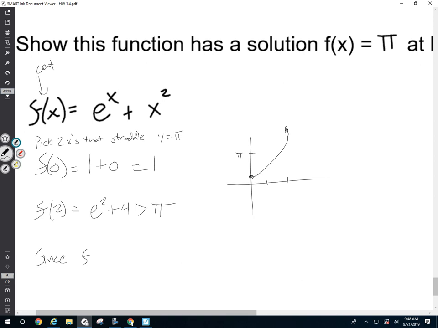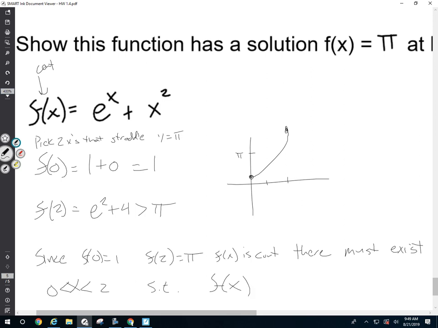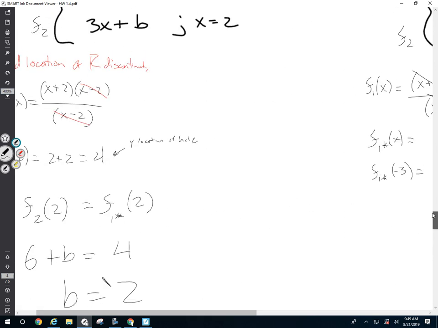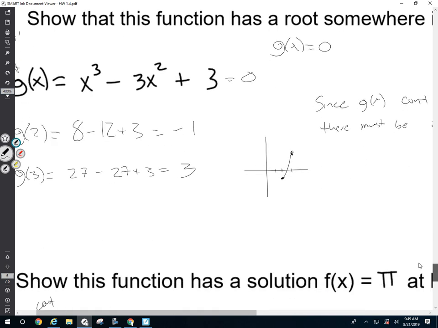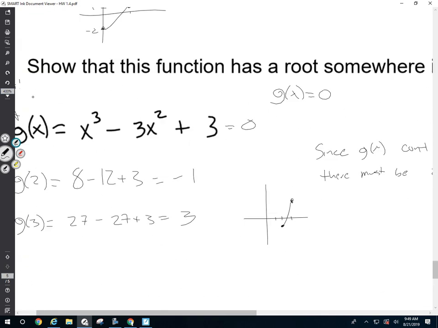Since f of 0 is 1, and f of 2 is greater than pi, and f of x is continuous, there must exist an x between 0 and 2 such that f of x equals pi. All right? And that's it. There are some situations where you have to actually find the solution, but I didn't ask you to do that here.